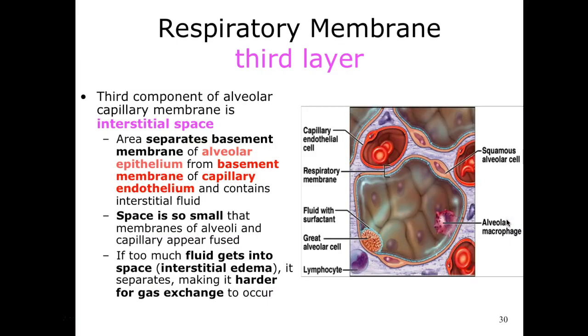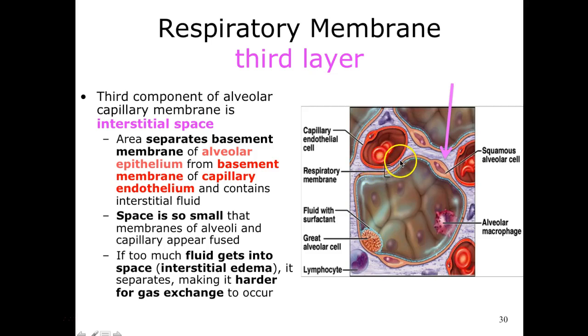So that brings us to our third layer, and that's going to be our interstitial space. If you remember, interstitial space basically means the space between the tissues. So it is separating the basement membrane of the alveolar epithelium from the basement membrane of our capillary endothelium.